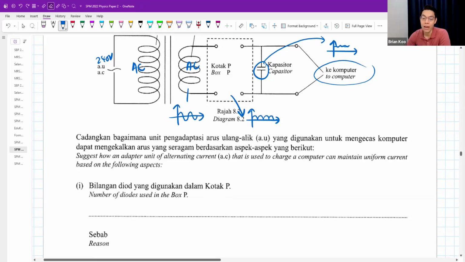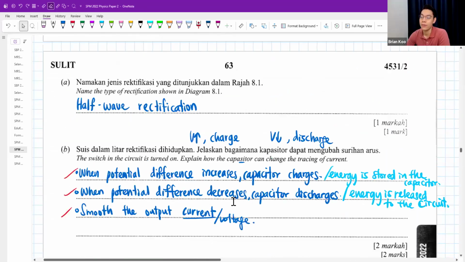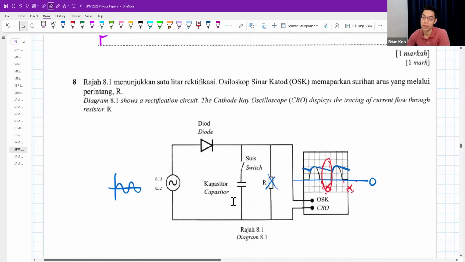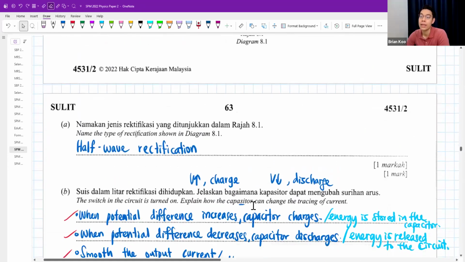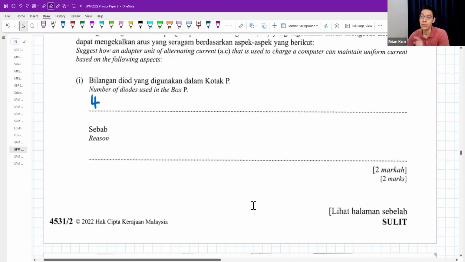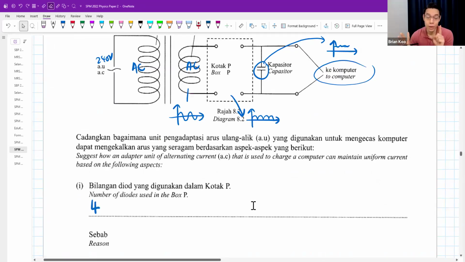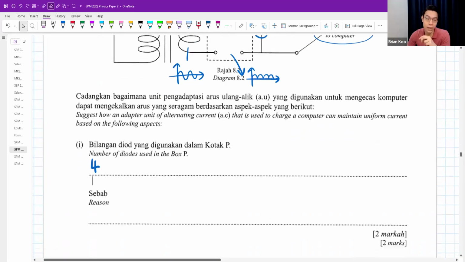Yeah. Number of diodes used in box P. It must be 4. Just now, one diode gives you half wave rectification. The wave only half. You can only do 1 or 4 diodes. 1 is half wave rectification. 4 diodes is full wave rectification. You cannot say I want a higher number or lower number.